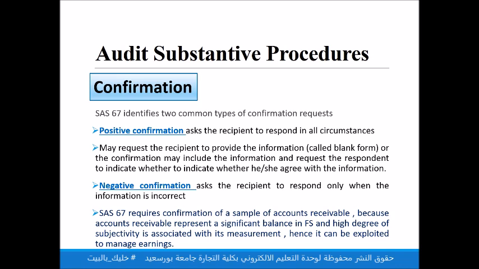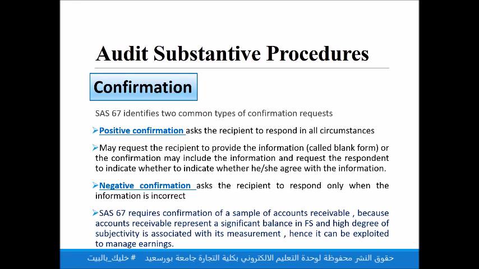The Statement on Auditing Standards number 67 requires confirmation of a sample of accounts receivable because accounts receivable represent a significant balance in the balance sheet. There is a high degree of subjectivity associated with its measurement. There is a high degree of subjectivity and uncertainty associated with estimating uncollectible amounts and determining the amount of bad debt reserves.